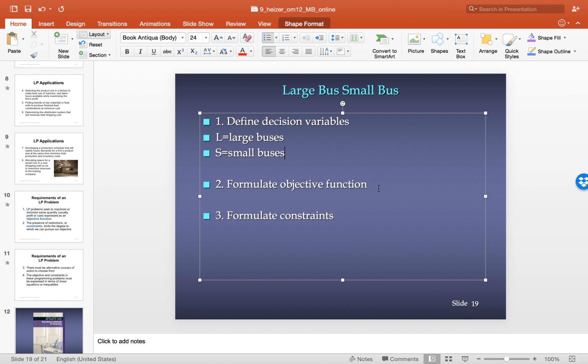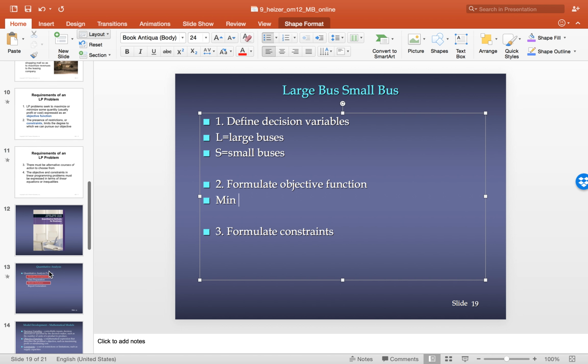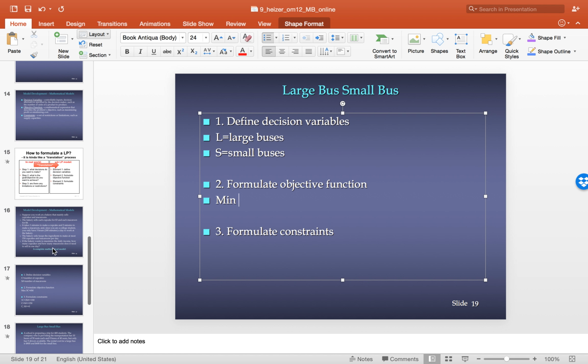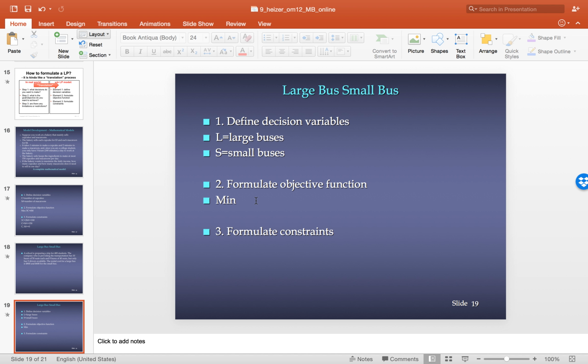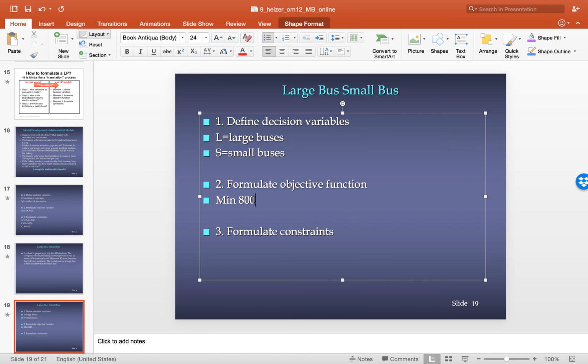Okay, and objective is a minimization. We want to minimize the total cost. So I think it cost us, let's go ahead and check. Cost $800 and $600. So $800 for a large bus and $600 for a small bus. Okay, so that's decision variables and objective function.